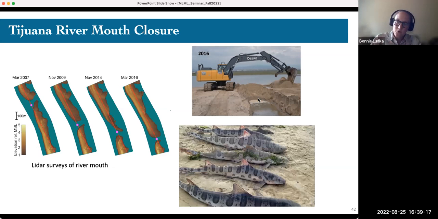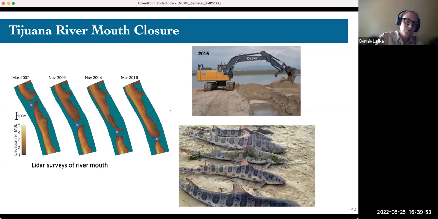And before that dredging was able to happen, the estuary became hyperpolluted, it became hypoxic, and a bunch of critters died, including these dead leopard sharks, unfortunately, that were pulled out of the estuary during the closure event. And there are folks locally who think that this closure may partially be because of the nourishment sand that was placed north of there. But that's one of the questions that we were interested in answering.